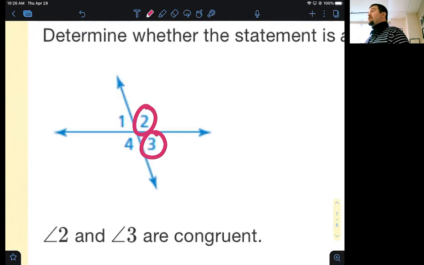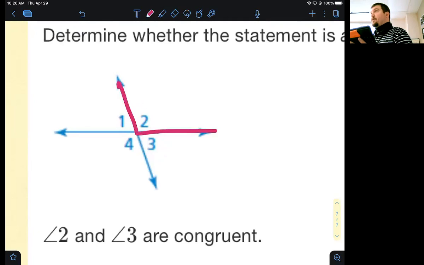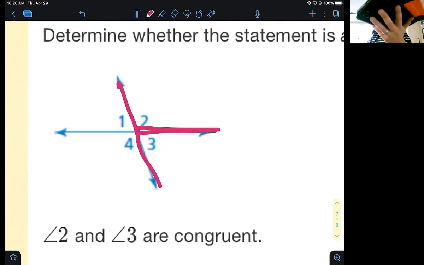It is sometimes true. If you look at the drawing, you'll see that angle 2 is an obtuse angle. Angle 3 is an acute angle. Of course, you can't be obtuse and acute at the same time, so they can't be equal the way they drew it. But they never told us what angle measure angle 2 or 3 were. Eliana?